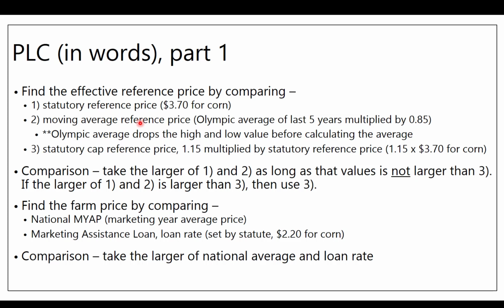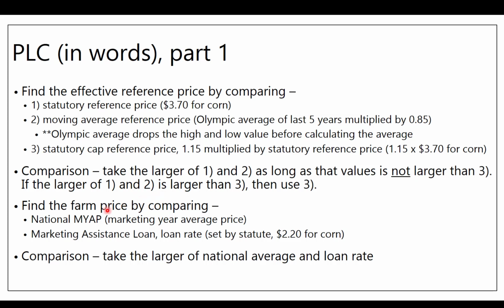The moving average reference price that we compare that to, we get the larger of 1 and 2, would be take the last 5 years, drop the highest corn price and the lowest corn price, multiply it by 0.85, and then finally we would need to take 1.15 times $3.70. And then the comparison we have to make to get the reference price is take the larger of these two, as long as that's not larger than the cap, then we use the larger of 1 and 2.